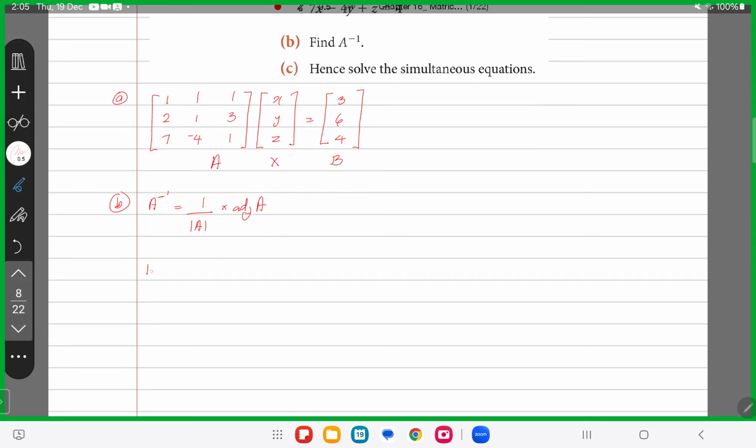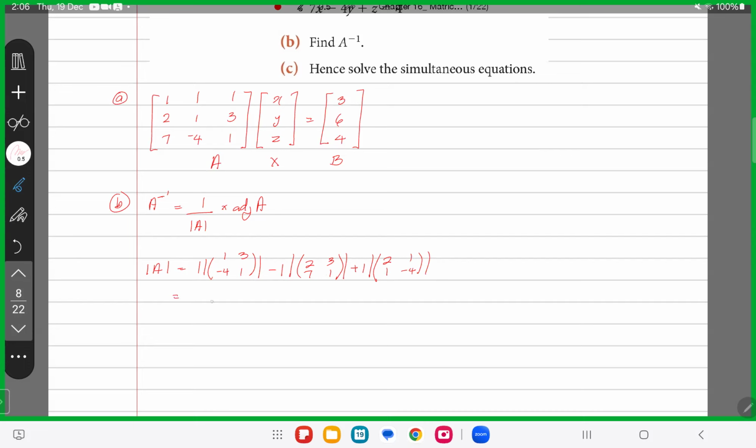The determinant of A is 1, 1, 3, minus 4, 1, minus 1, 2, 3, 7, 1, plus 1, 2, 7, 1, minus 4.